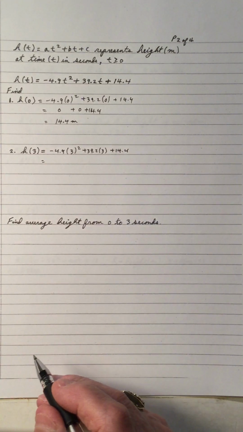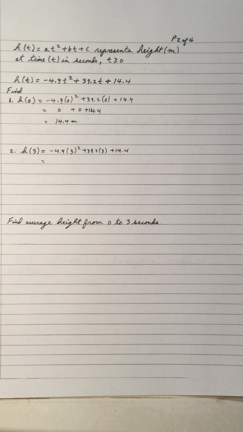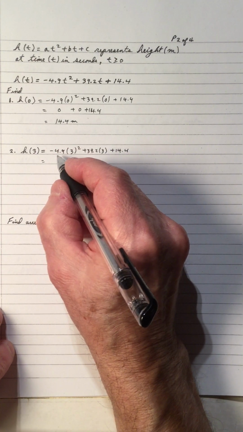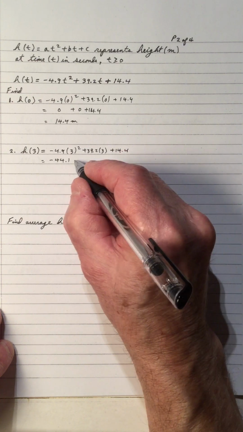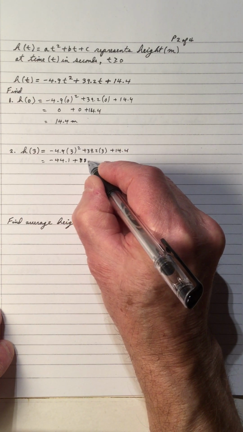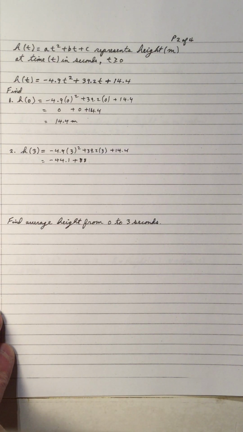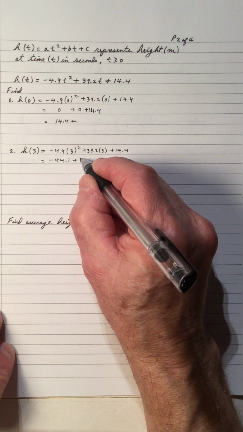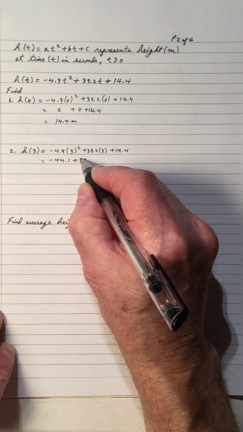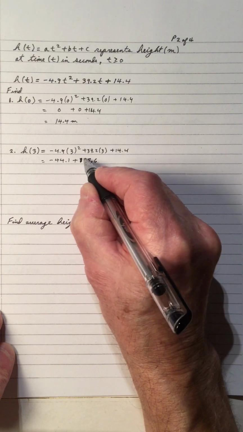If you take 4.9 and multiply by 3 squared, 4.9 times 9 is going to give you negative 44.1, and 39.2 times 3 is going to give you 117.6.